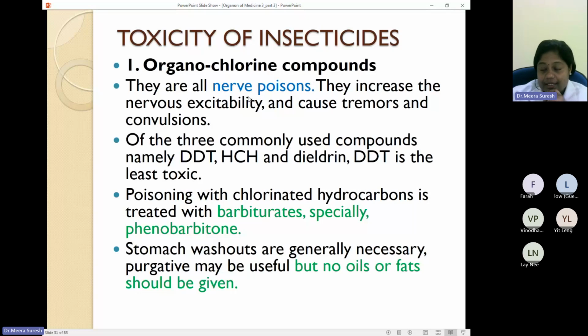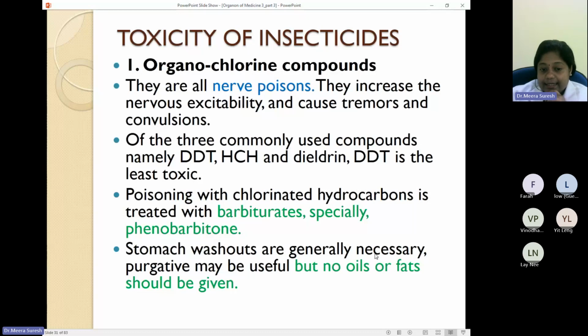Initially they cause paralysis, then excitability or convulsions, and finally the death of the person. Mostly the insecticides people use for homicide or suicide are DDT, HCH, because they are very easily available, dieldrin, etc. If that poisoning is happening, the best method to be used is a barbiturate as an antidote to the organochlorine compounds, especially phenobarbital.